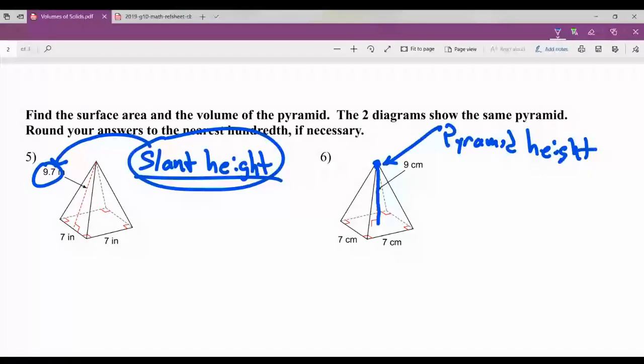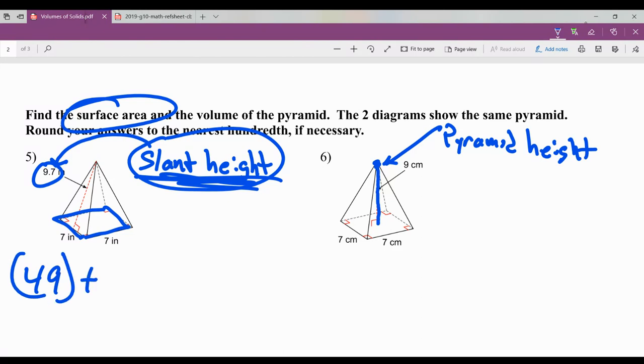Now, if you are trying to find surface area, you care about slant height because you're focusing on the individual triangles. So the surface area in number 5 would be, well, it's got a square in the bottom. That's easy enough. There's a 49. But then you're adding up 4 triangles. And each of those triangles is identical.